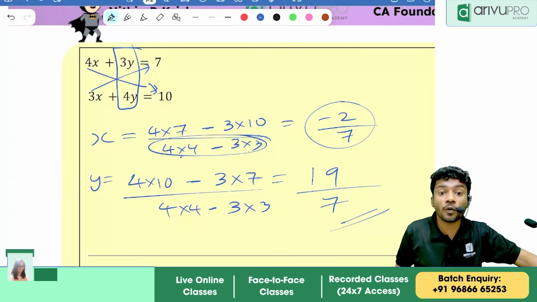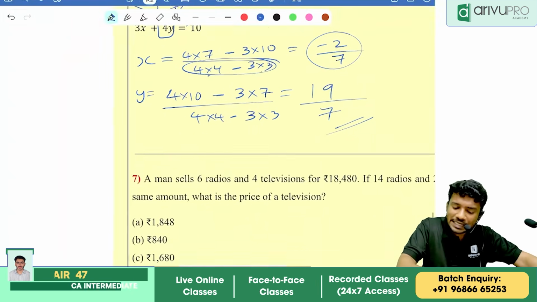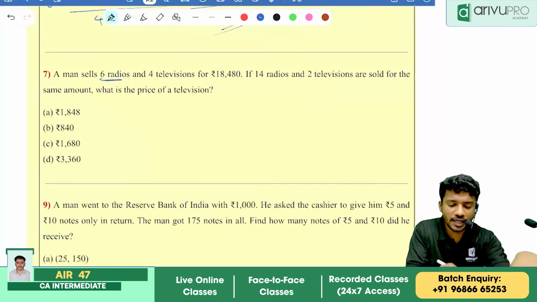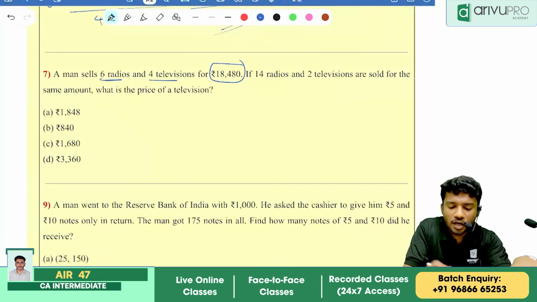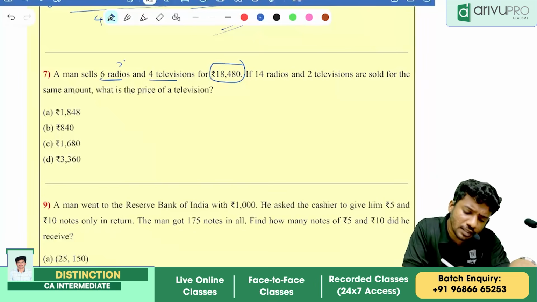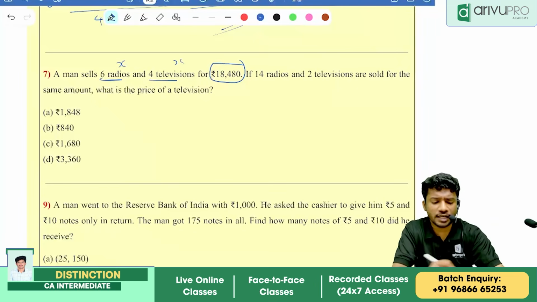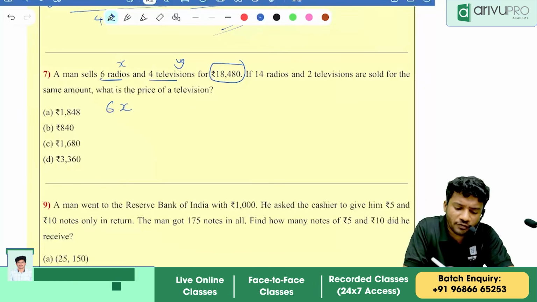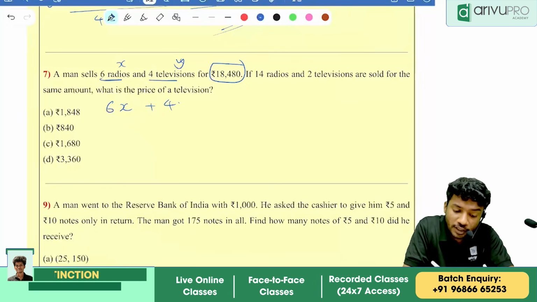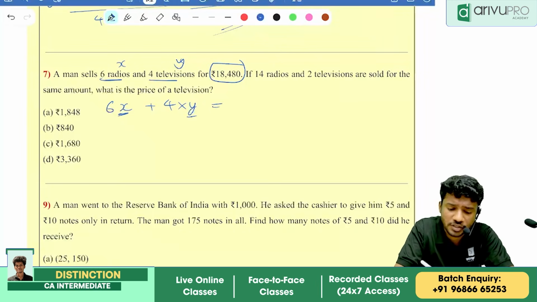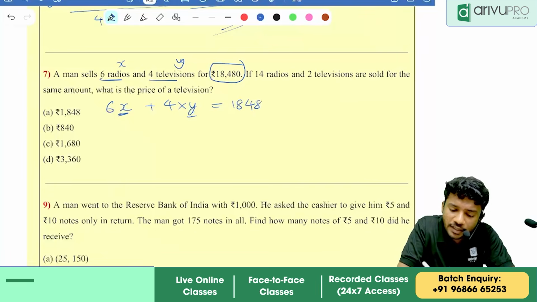I will show you how this will be helpful with the next question. A man sells 6 radios and 4 televisions for 18,480. Let the cost of radio and television be X and Y respectively. So 6 into the cost of radio plus 4 into the cost of television is equal to 18,480.